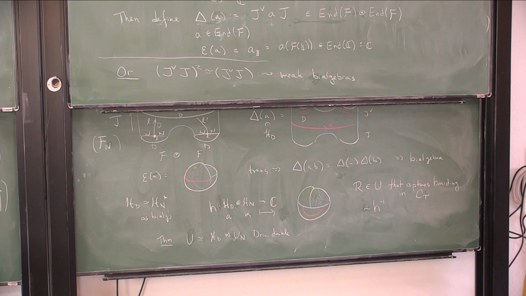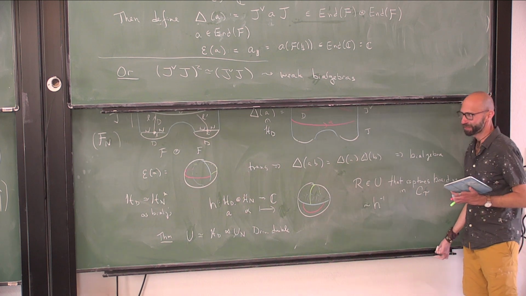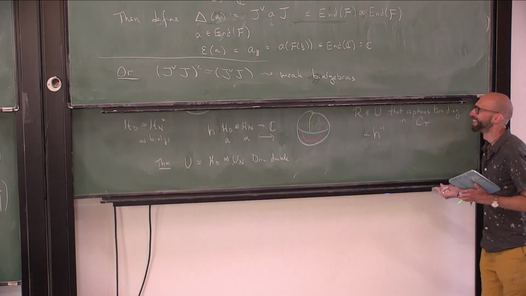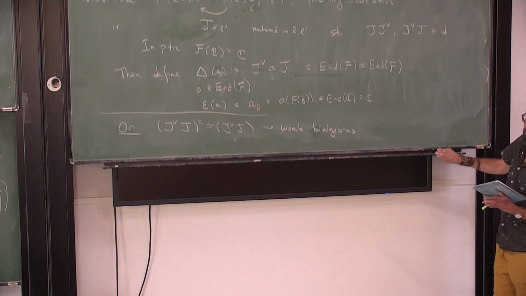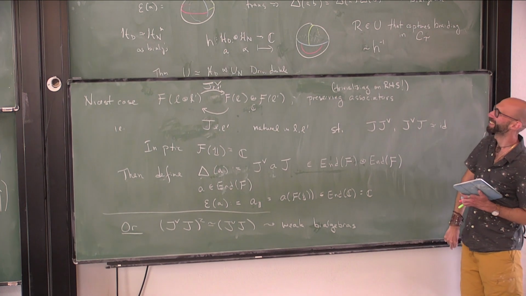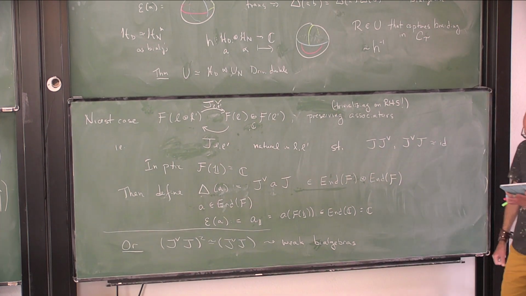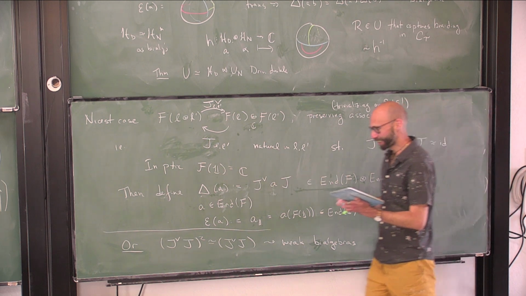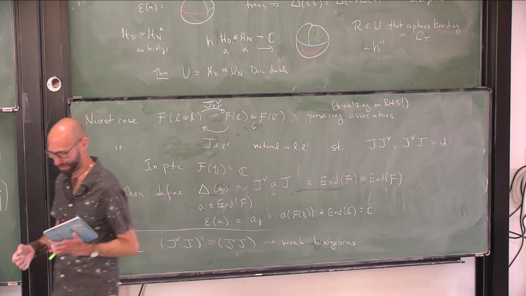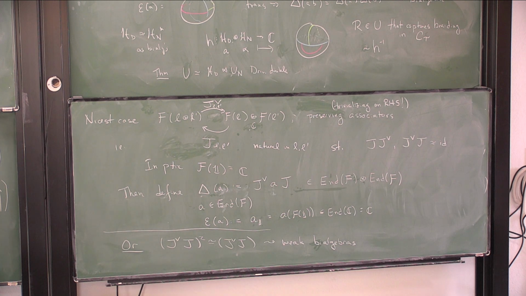Okay, so that's the simplest case. I am glad I did not start with other fiber functors and the more complicated cases. I'll maybe give you one or two examples quickly and stop.